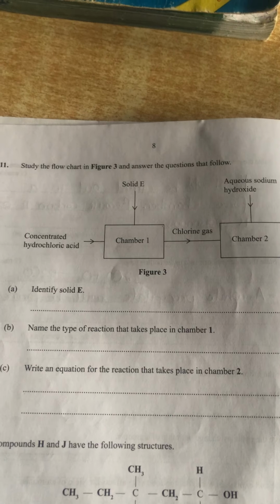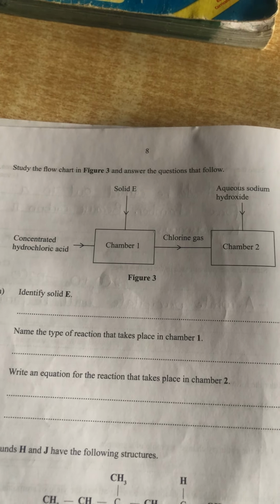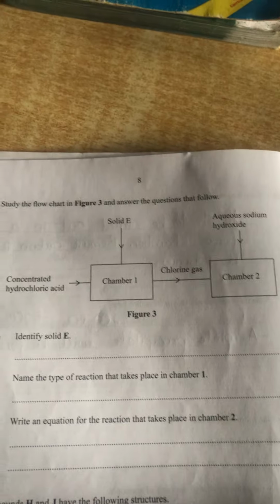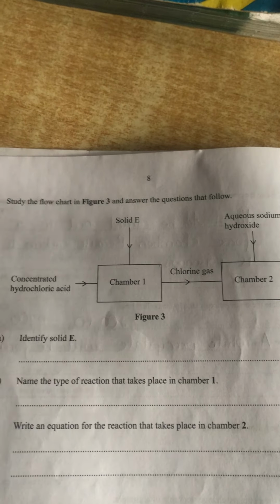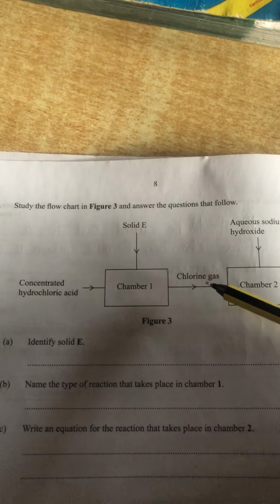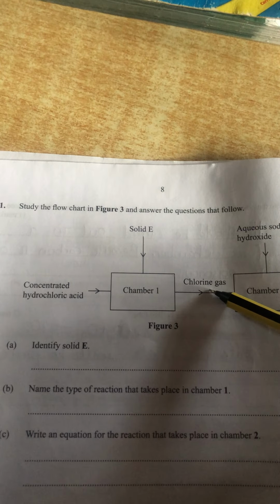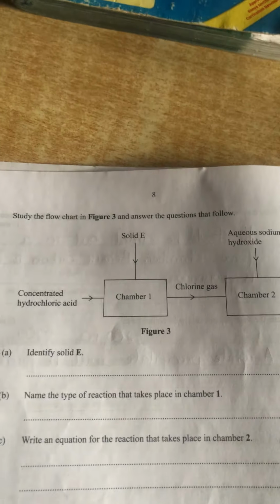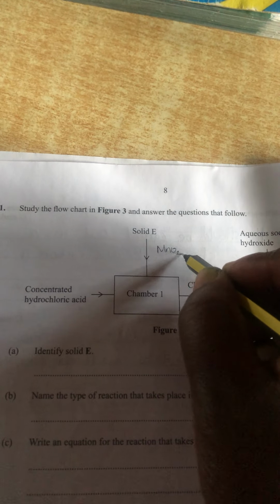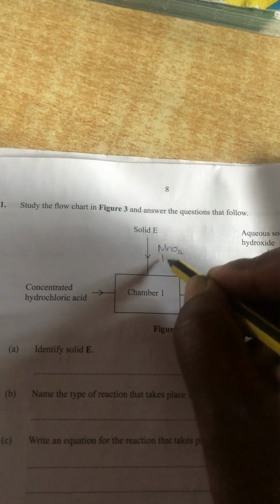So let's look at our question. But before we look at our question, always understand what happens in a flow diagram. So here, the only thing that forms chlorine gas when it's reacted with concentrated hydrochloric acid has to be either manganese 4 oxide, potassium manganate 7, sorry, here it is MnO2, or lead 4 oxide.